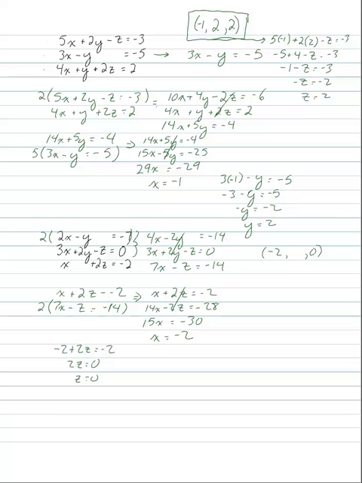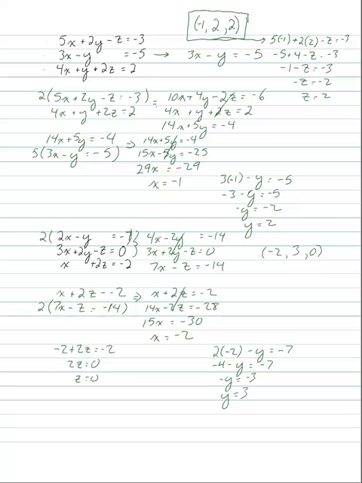Okay, so third variable, I'm going to sub it into any of my original equations. So if I sub it into, say, the first equation, I have 2x, so 2 times negative 2, minus y equals negative 7. So negative 4 minus y equals negative 7. Negative y equals negative 3. Y is going to equal 3.